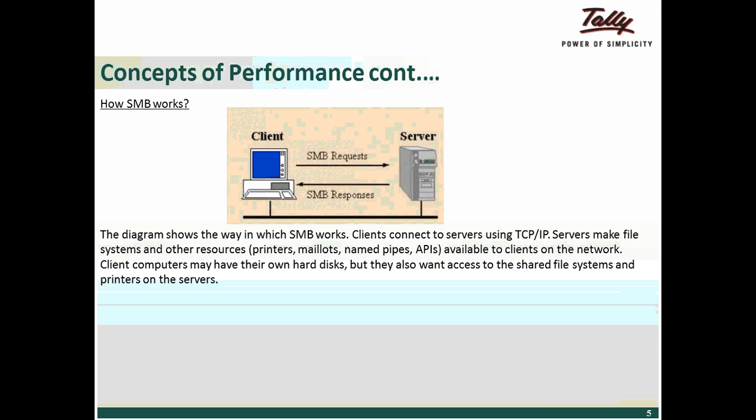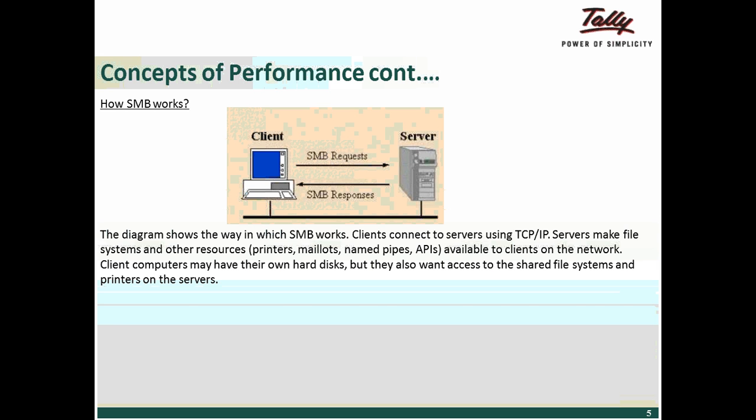Client computers may have their own hard disk, as in the thick client mechanism, but if they want to share files and printers, they use the server. In Tally, when you are writing and reading data in a network environment, it runs through the TCP/IP protocol and the data transmission happens.